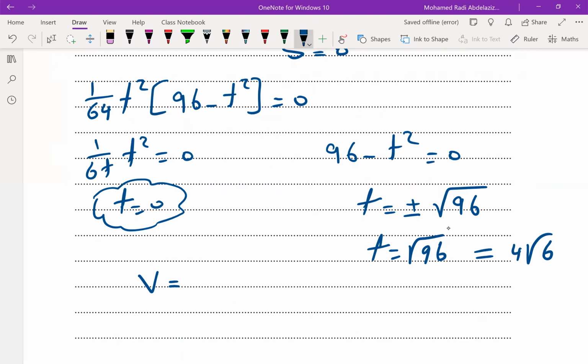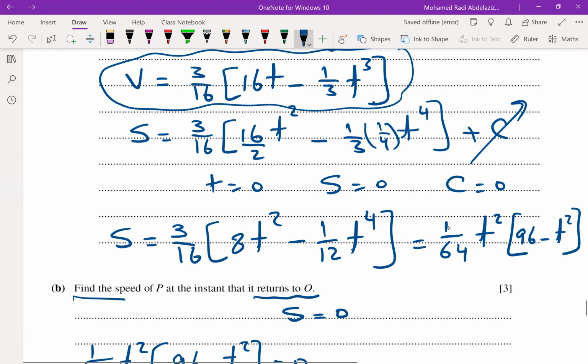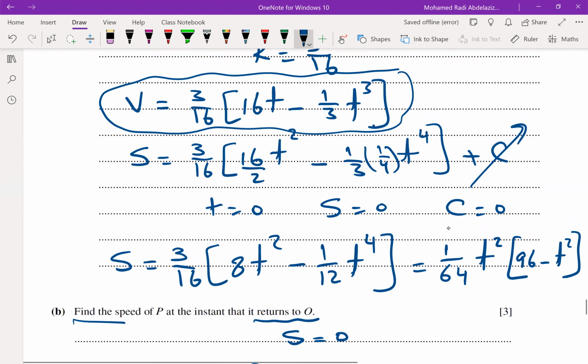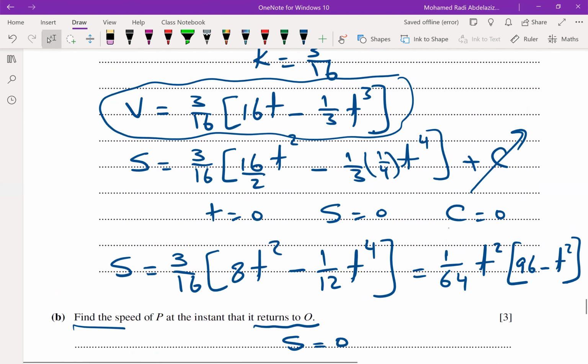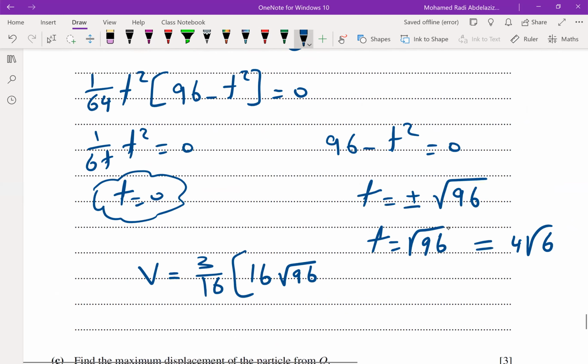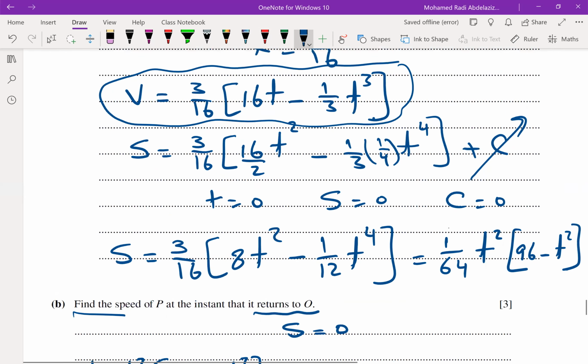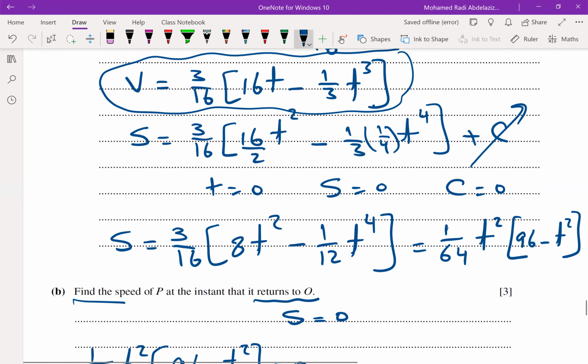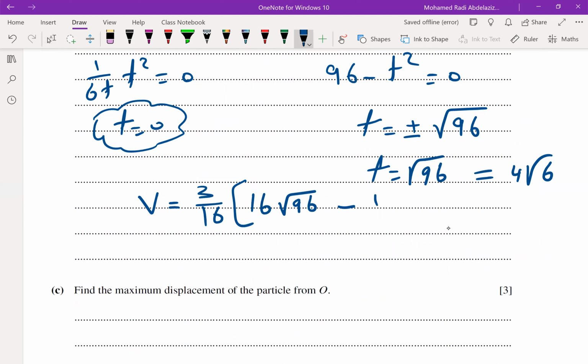v is equal to 3/16 times (16 multiplied by root of 96, minus one third times root of 96, all to the power of 3).